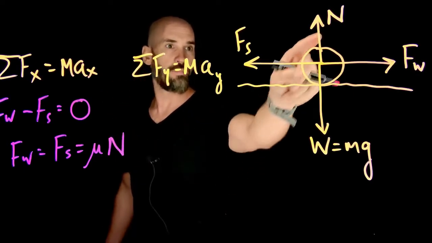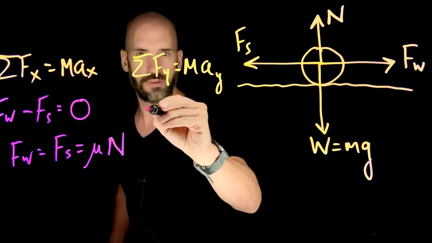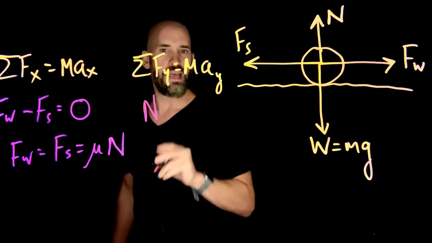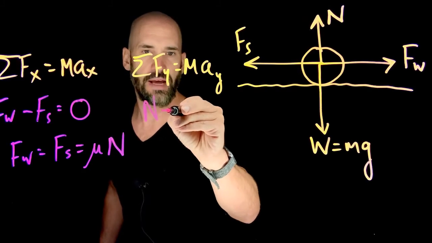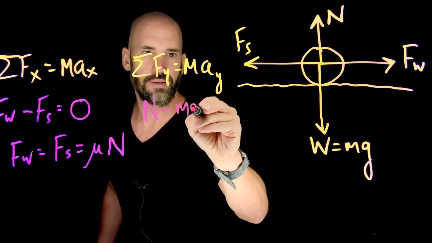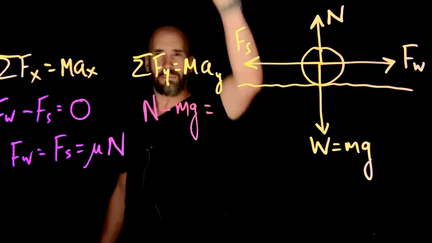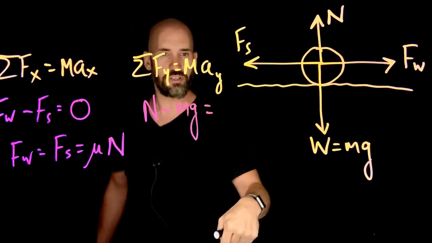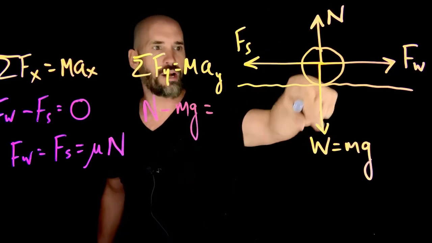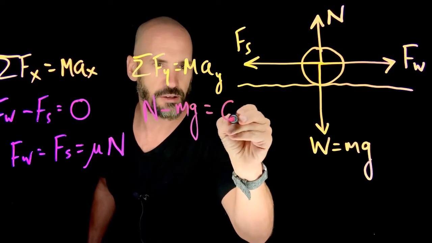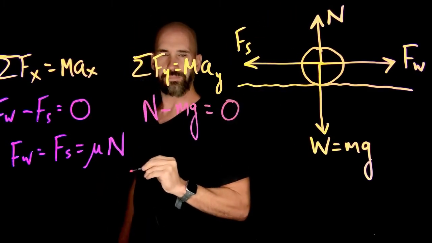Okay, well in y, I have a normal force going up. So I put my N for normal force. And I have weight going down. So minus mg, right? And so far as I can tell, this stone isn't randomly flying up into the air and it isn't falling through the earth. So these forces in y are balanced, and that's just going to be 0 right there, right?